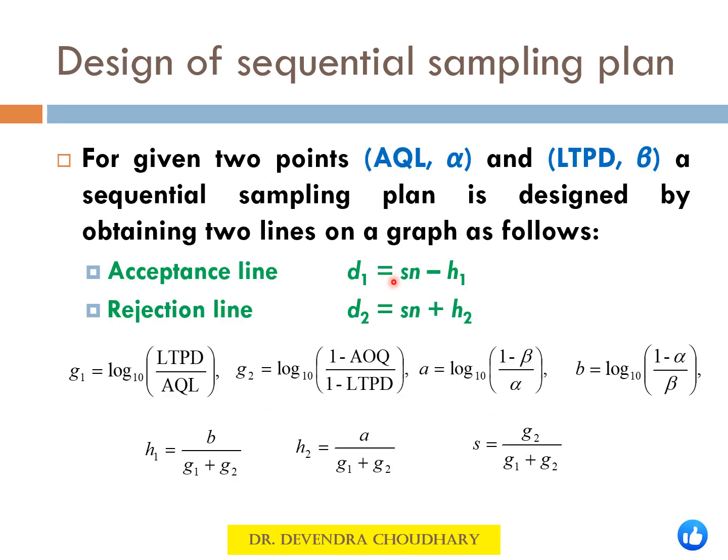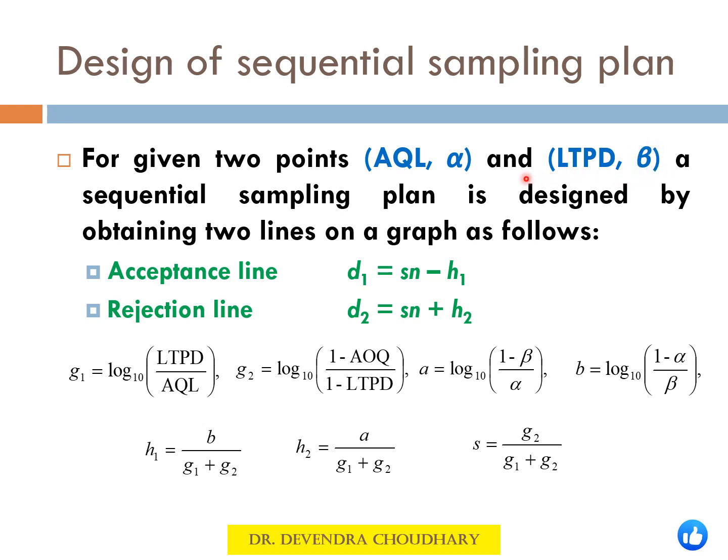Now, in order to design a sequential sampling plan for a given value of acceptable quality level, producer's risk alpha, lot tolerance percent defective and consumer's risk beta.